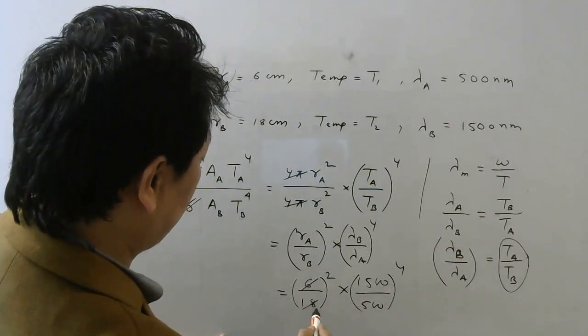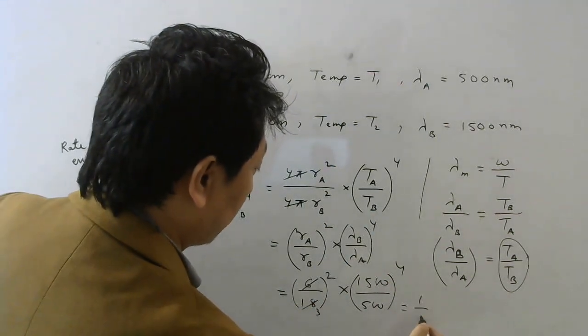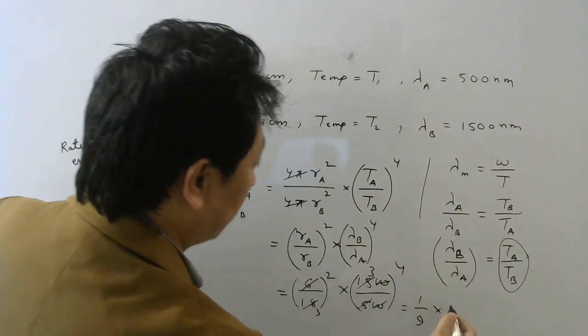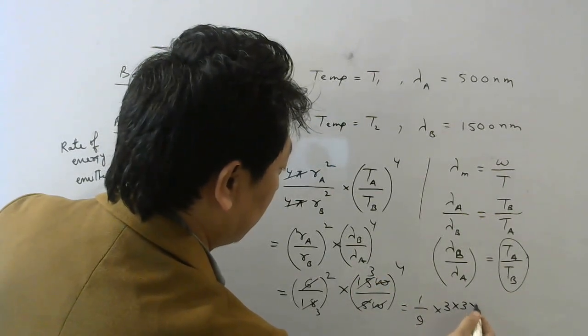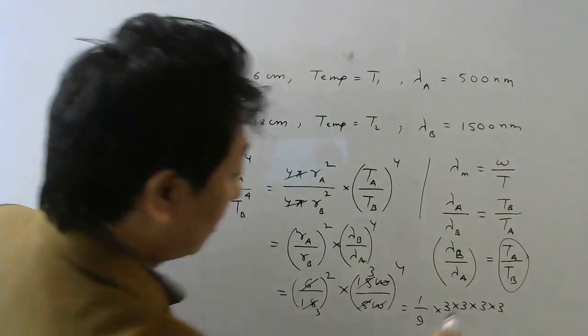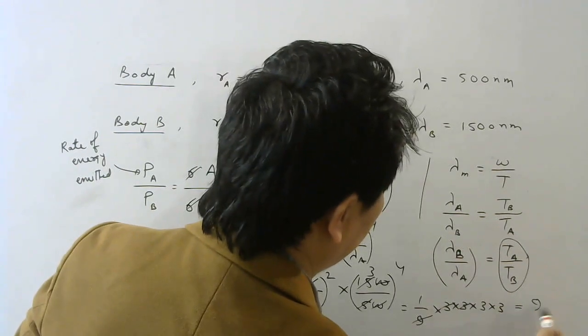So 6 3s are 18, right? So 1 by 3 whole square will be 1 by 9 into, 00 cancel, 5 3s are 15. 3 into 3 into 3 into 3, 4 3s will be there. This 3 and 9 will cancel, so the answer will be 9.